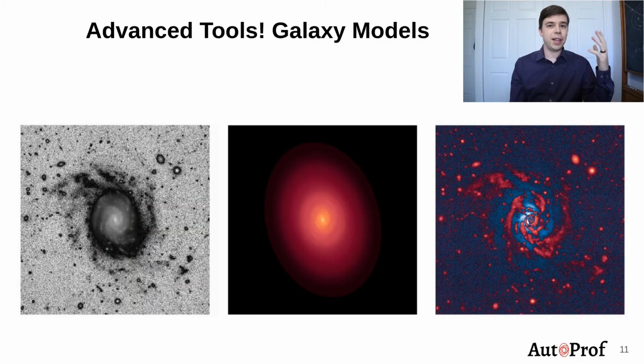Now, we also have a phase profile of position angle and ellipticity, and surface brightnesses, which means we have all the information we need to construct a galaxy model, or at least an axisymmetric galaxy model. So this image here is entirely artificial.